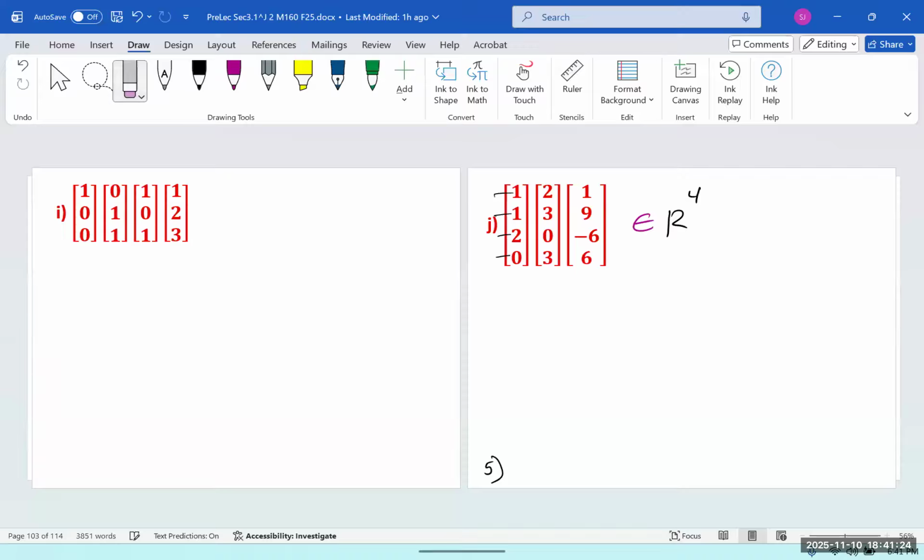Dimension of the space. Good job. Does not form a basis. 3 vectors in R4, something is wrong. Something is lacking, something is missing. Okay, so let's see. Whatever we have, are they linearly independent?